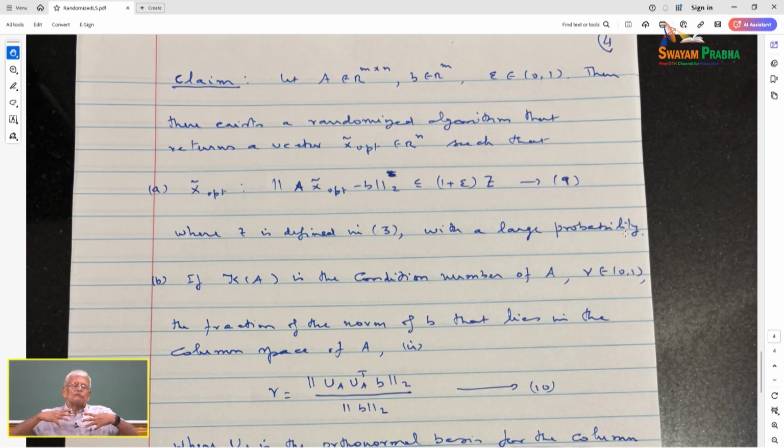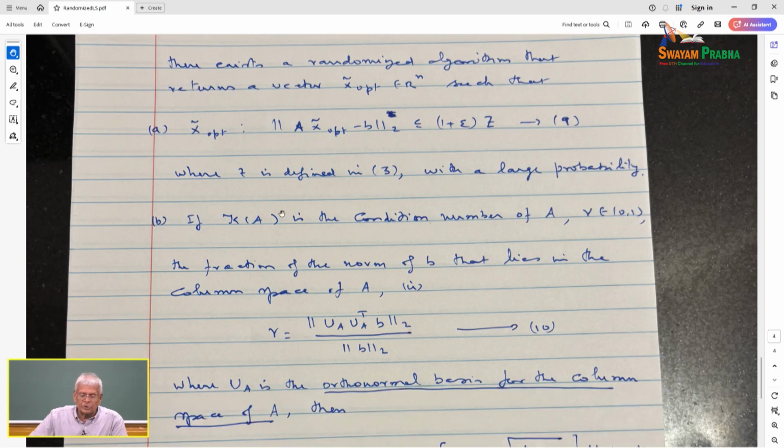That means with a very high probability, I should be able to find an approximate solution, and the residual corresponding to the approximate solution, while random, due to concentration inequalities, the probability that it will be less than 1 plus epsilon times the optimal value is very high. So, that is what is called the confidence estimation, the quality of approximations that is involved in here.